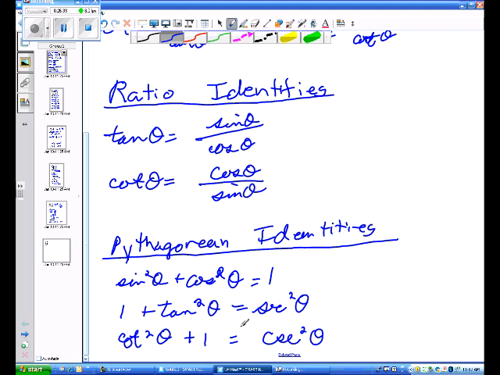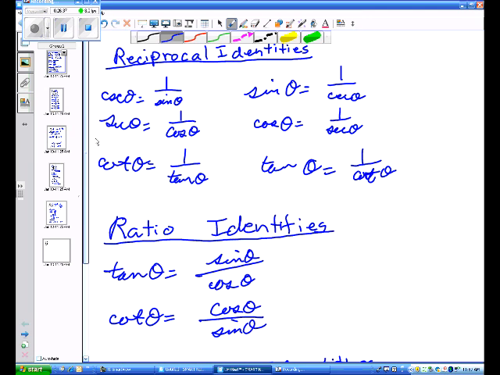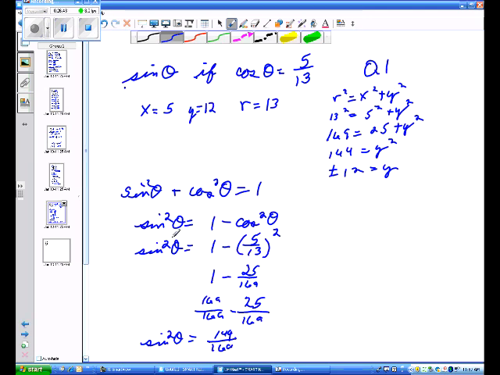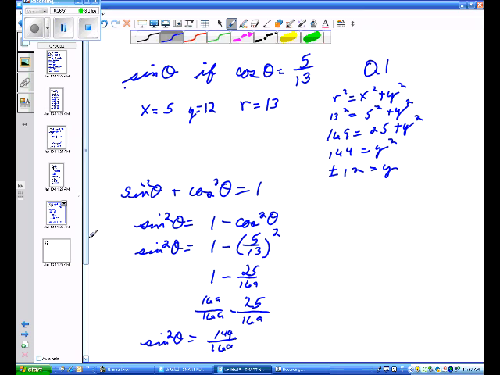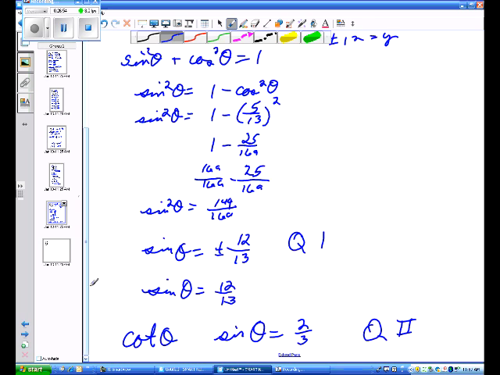Well, cosecant is 1 over sine. So we do have a way that we can take our sine then and deal with it. So let's go back now and look at what we're going to do. Since we're given the sine and we want to find the cotangent.